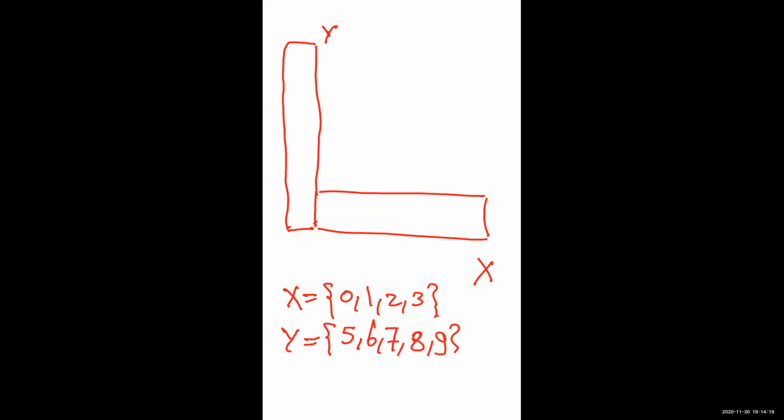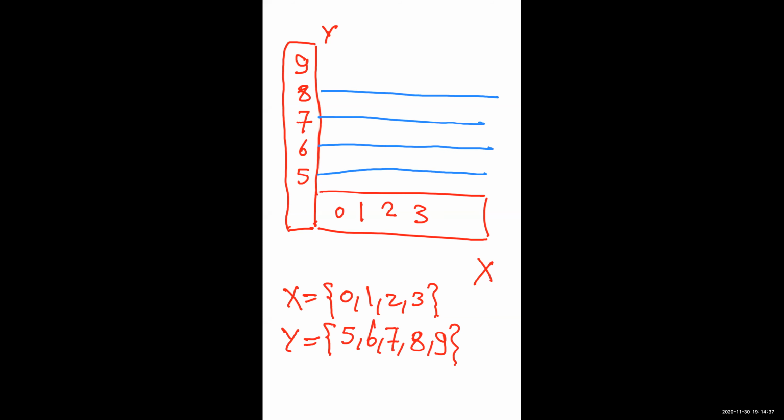So place the elements 0, 1, 2, 3, and here 5, 6, 7, 8, 9. Now draw the perpendicular net. Okay, horizontal lines from y like this, and then vertical lines from x like this.